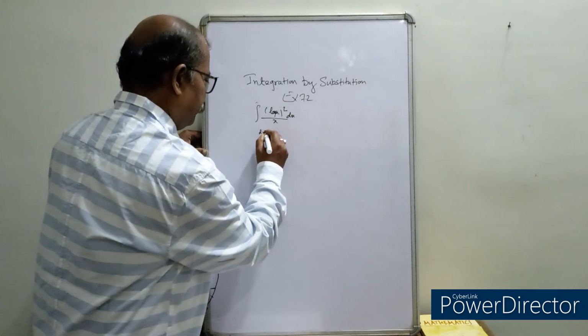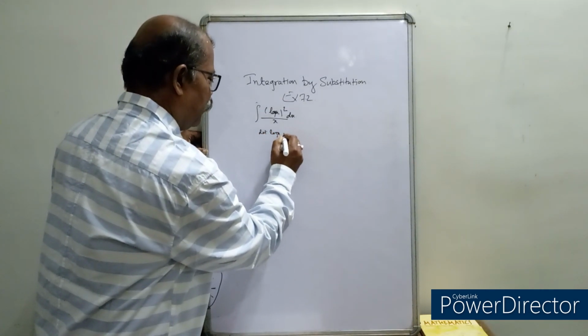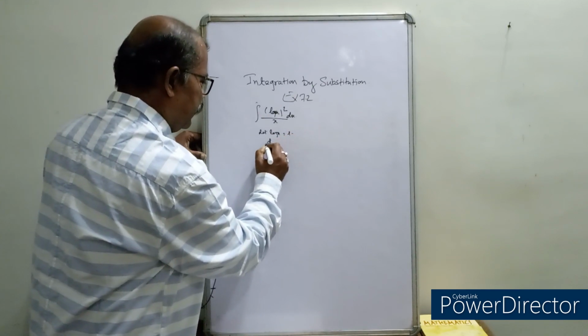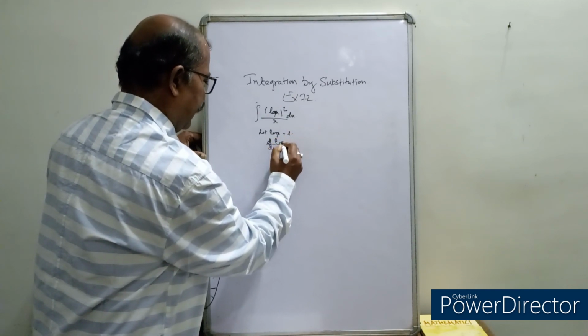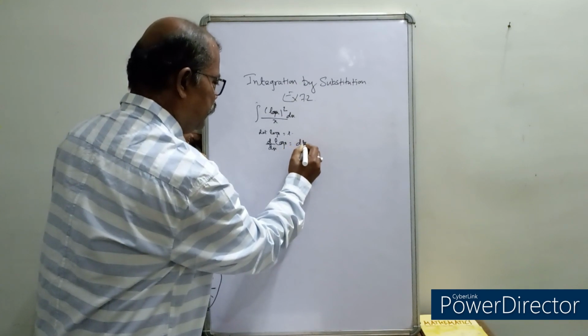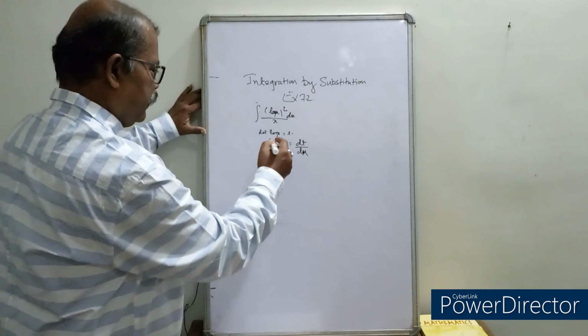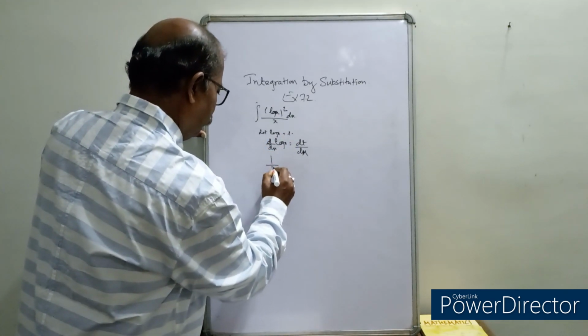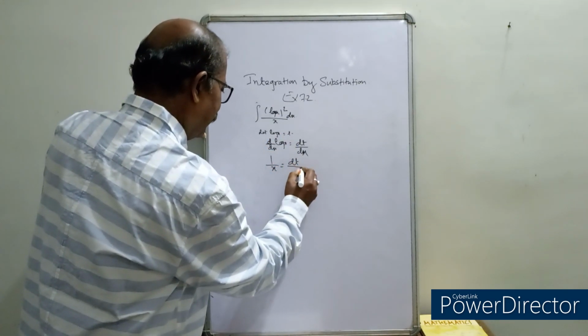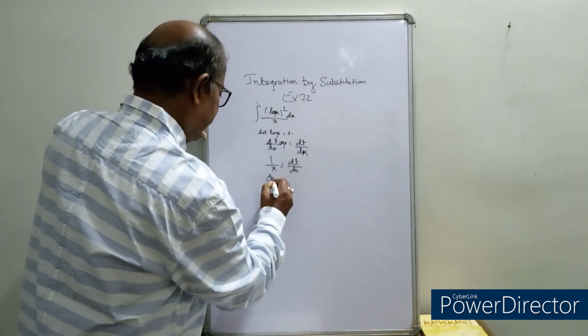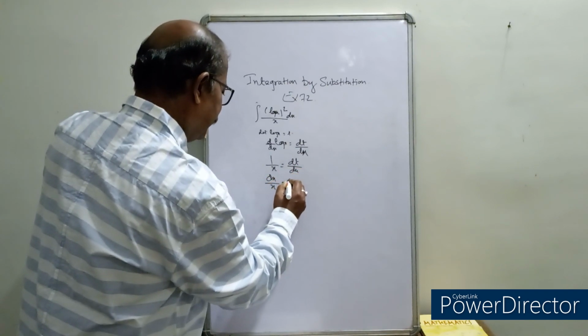So let log x be equal to t. When you differentiate with respect to x, d/dx of log x is 1 by x, which is equal to dt by dx. So dx by x is equal to dt.